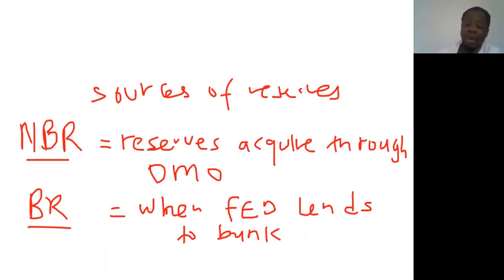So when the Fed or central bank lends to banks, we are able to increase our reserves. So that reserves coming through what? The money that the Fed gives to us is what we term as the borrowed reserves. And that increment in our reserves that comes through the central bank's buying of bonds is what we also term as the non-borrowed reserves. So take notice of these two key things.